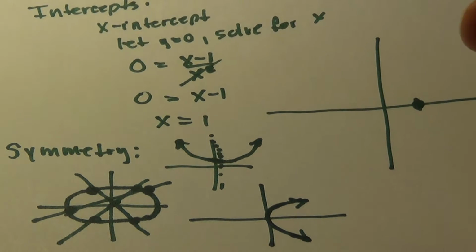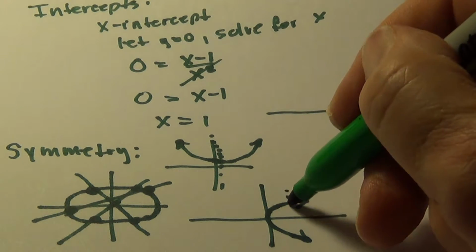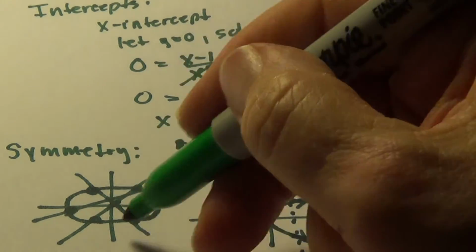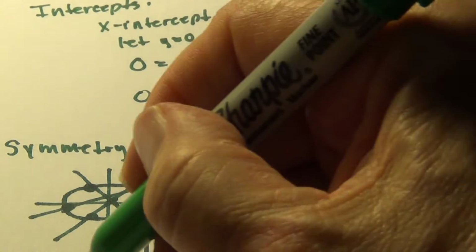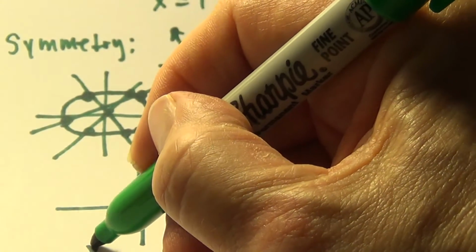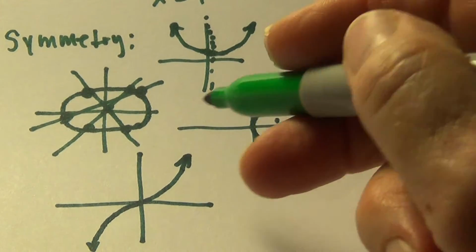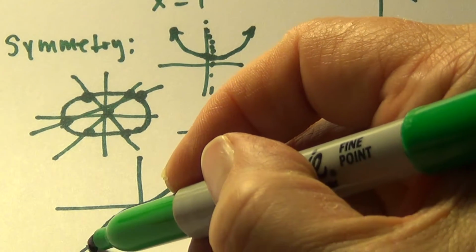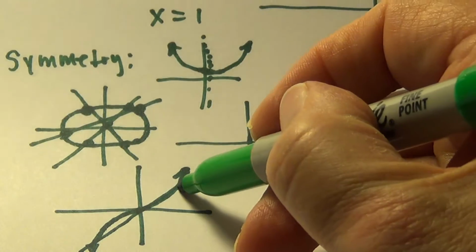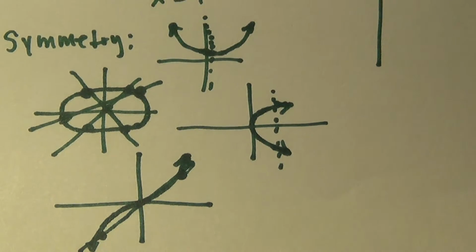Alright, so this one, because we're dealing with functions, will not pass the vertical line test. Let me find you one that has symmetry to the origin that is a function. Alright, there's one. So if I draw all these lines through the origin, you'll see they intersect with my graph equidistant from the origin.